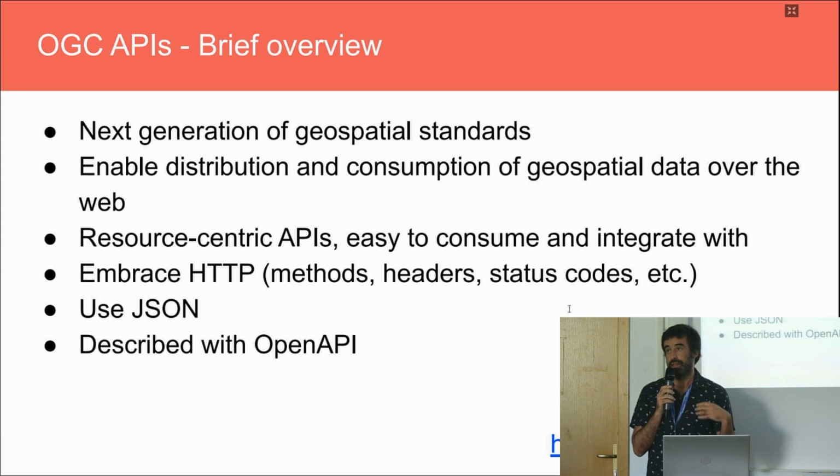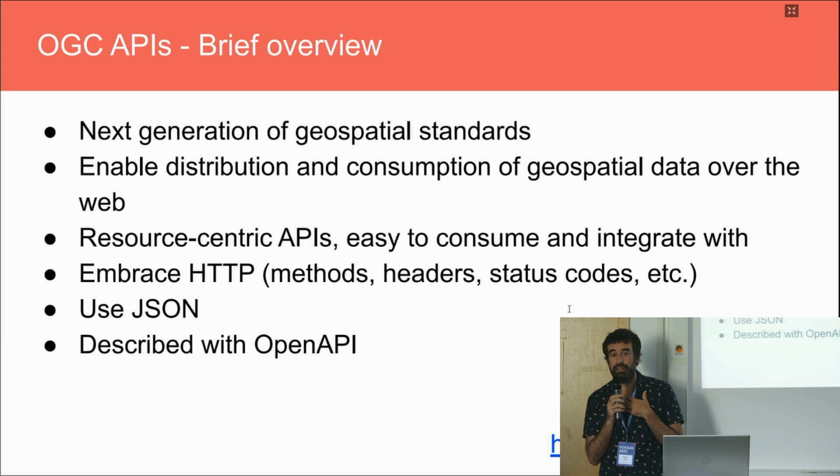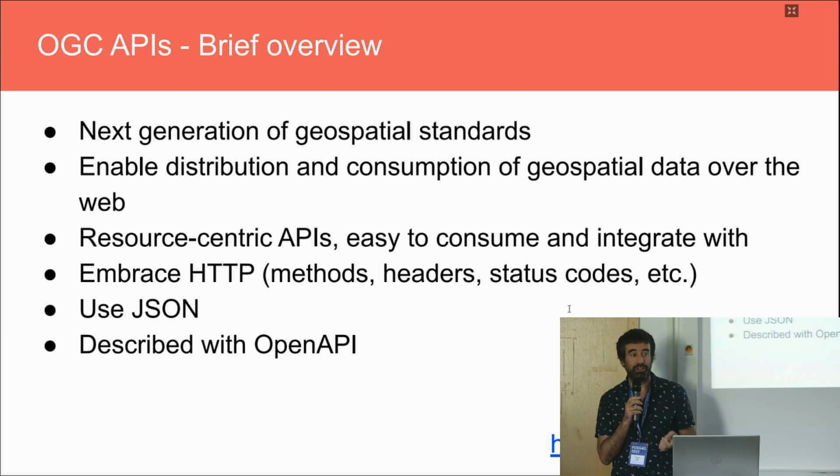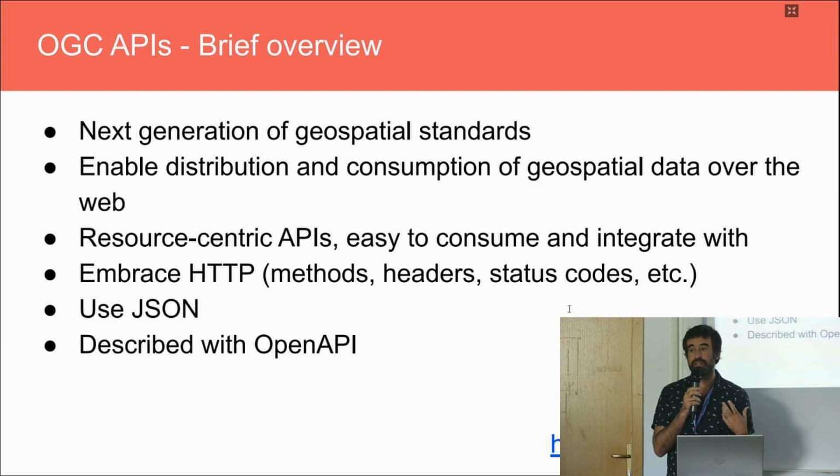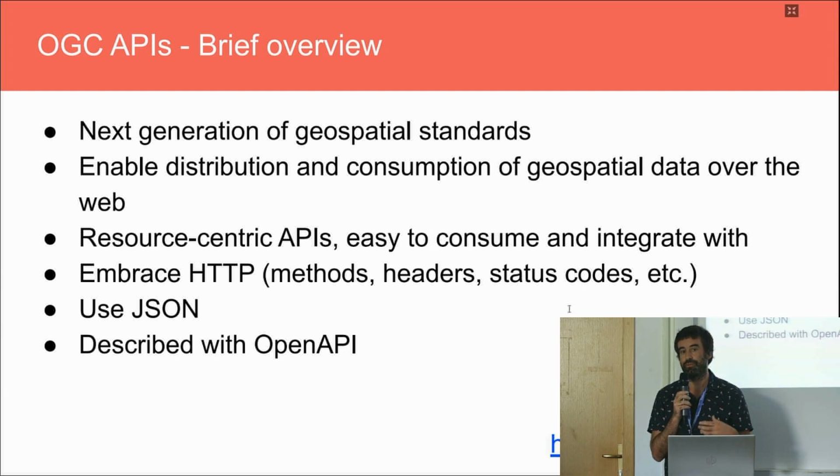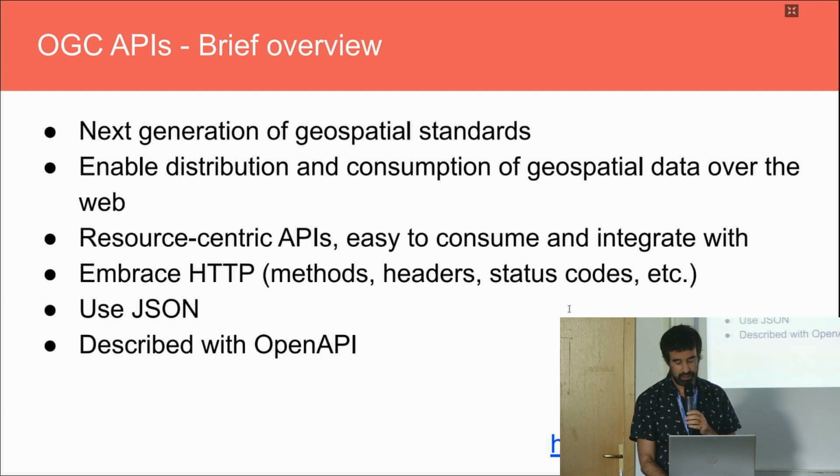The main aim, at least the way that I see it as a developer, is to make these new APIs easy for developers to use and to bring onto their systems.